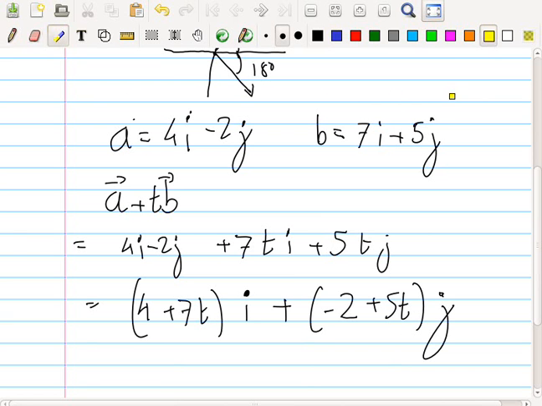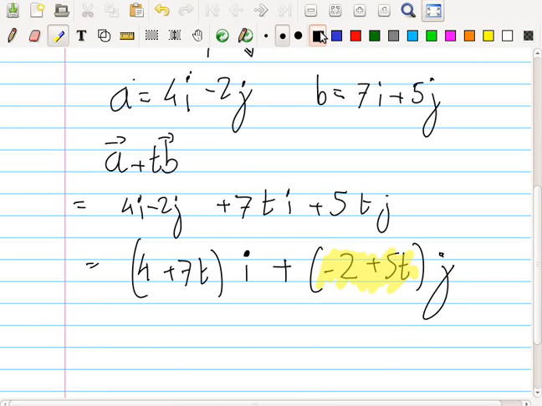But as August said, there's no j, so how big is this number here? 0. Yeah, it must be 0. So you have minus 2 plus 5t must equal to 0. So t equals 0.4 when you solve that. Okay? So that is number 7 and 8.